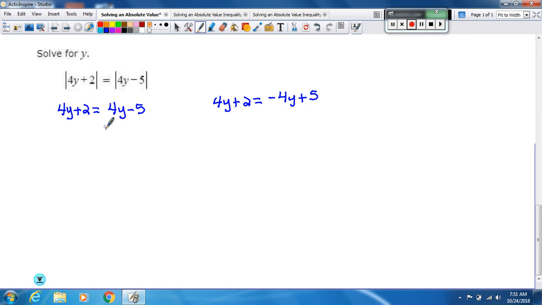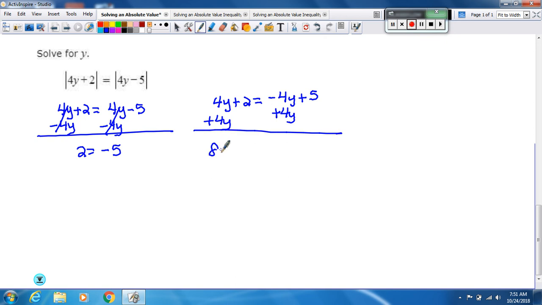So on the first equation, I'm going to subtract 4y on both sides. Opposites cancel, 2 equals, opposites cancel, negative 5. Okay, that's not going to be any part of my answer. The next one, I'm going to add 4y to both sides.